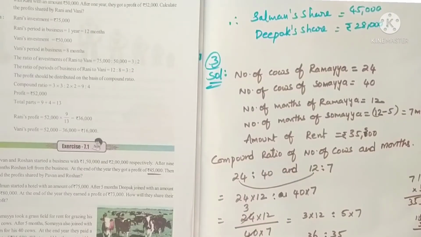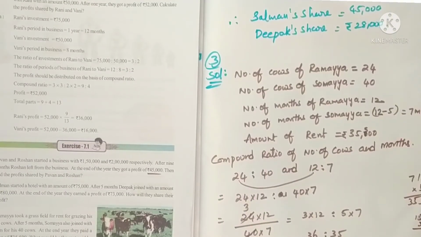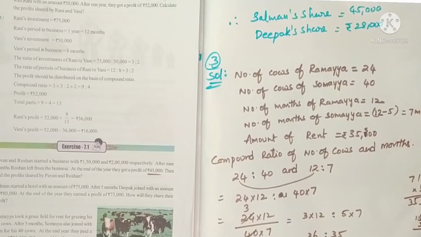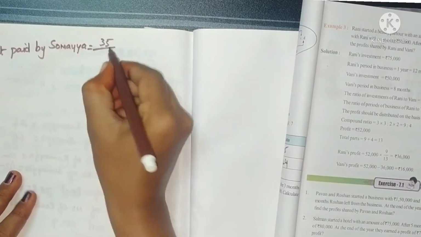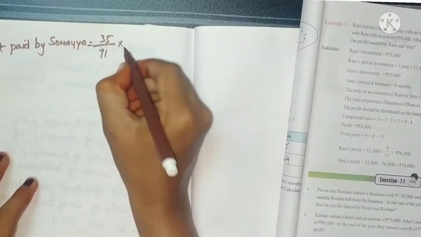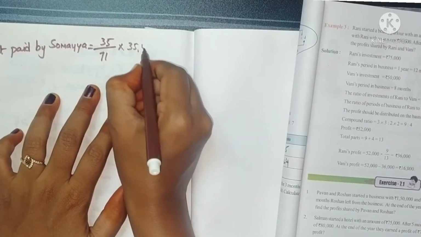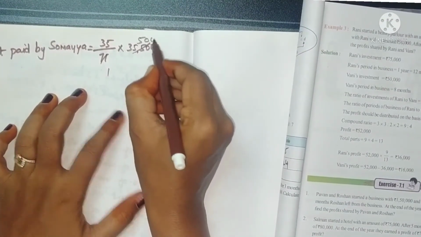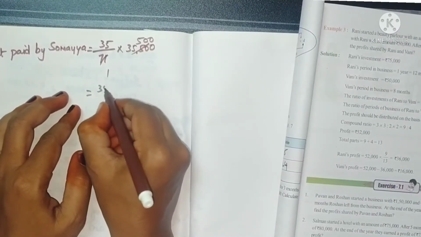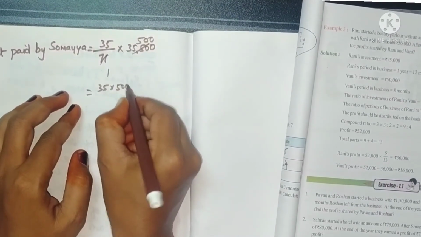So rent paid by Somaya means how many parts Somaya? 35 parts and total parts 71. So 35 parts, total 71 into 35,500. So again this 500. So 35 into 500.